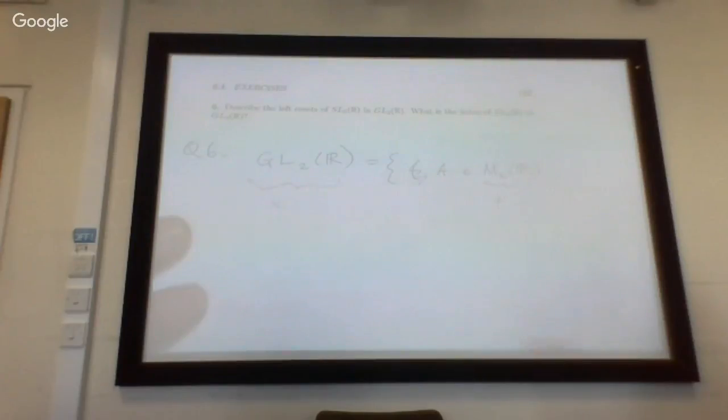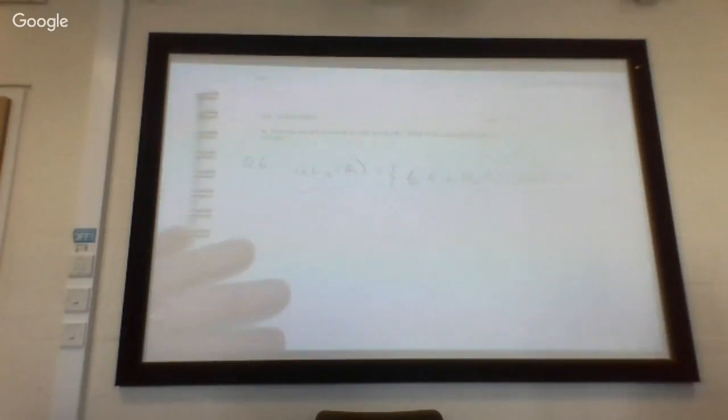Not all matrices have an inverse matrix. So you have to restrict membership to the matrices with non-zero determinant, i.e. invertible matrices. These are sometimes called non-singular matrices.